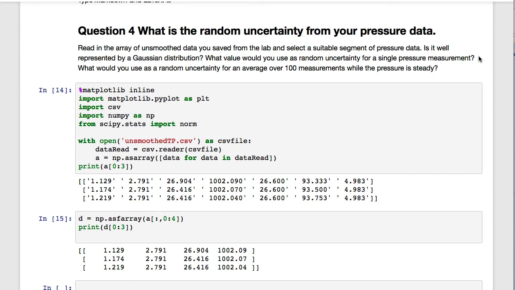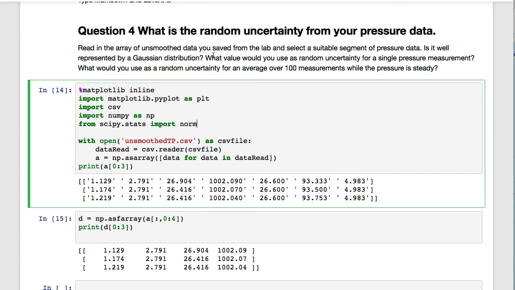The random uncertainty is almost always going to be twice the standard deviation. And then the question is, if you took 100 measurements while the pressure is steady, what would that give you? Remember that the uncertainty decreases as the number of measurements you average over, taken as a square root. So you'd need to apply that.